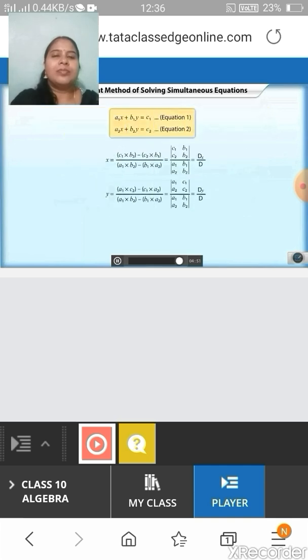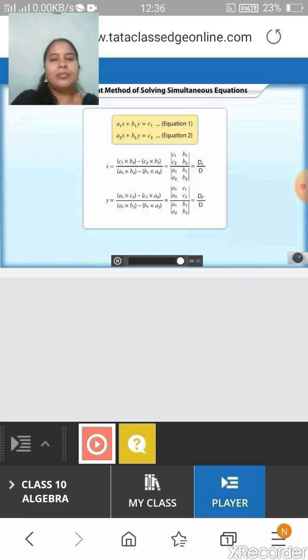These determinants are denoted as shown. This method of solving simultaneous equations using determinants is known as Cramer's rule.